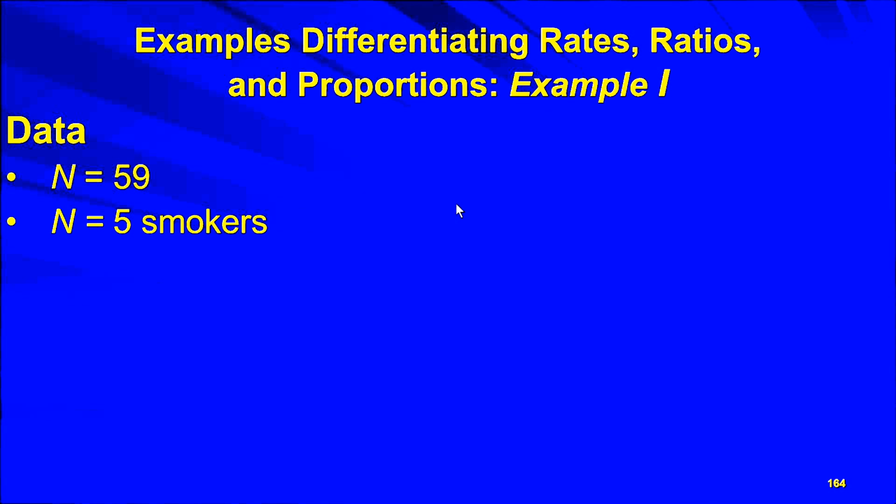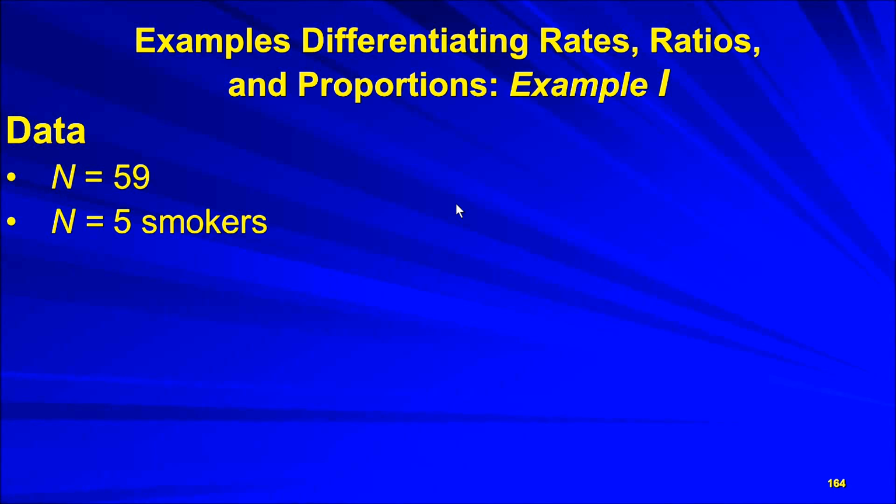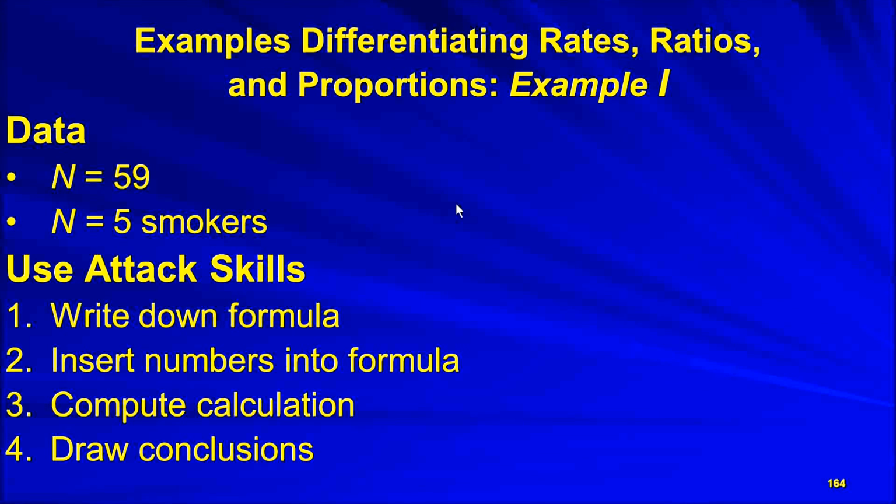Example 1. Now let's pretend we have 59 people, 5 of which are smokers. Now, I think these attack skills are very important, and I think people have trouble if they don't follow them precisely. I know they seem a little simplistic perhaps, but if you have a certain style and approach, you do much better.